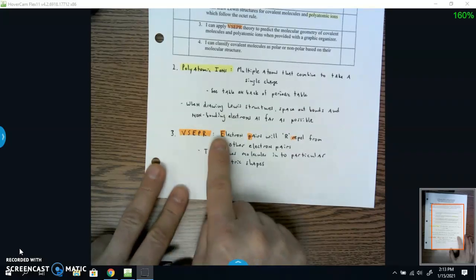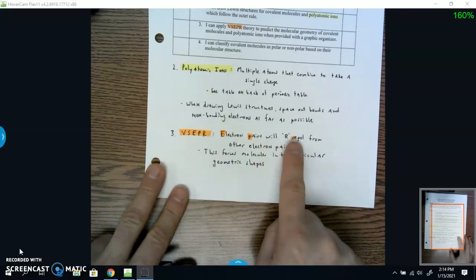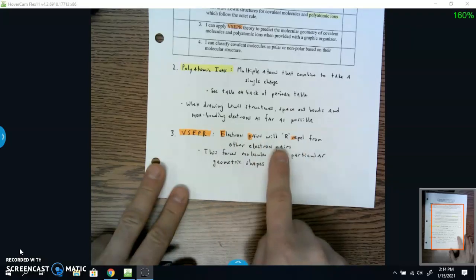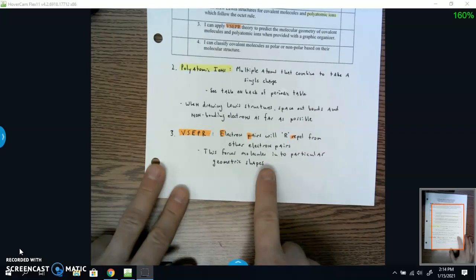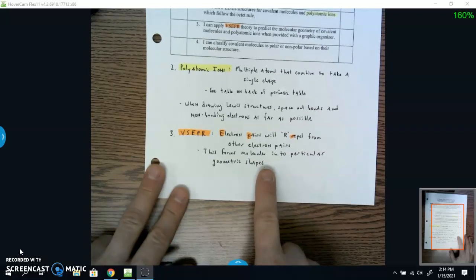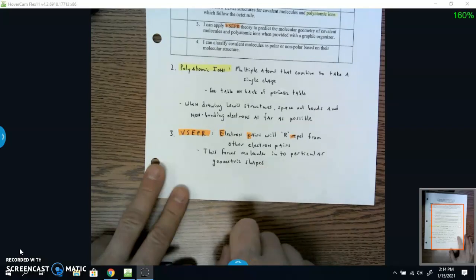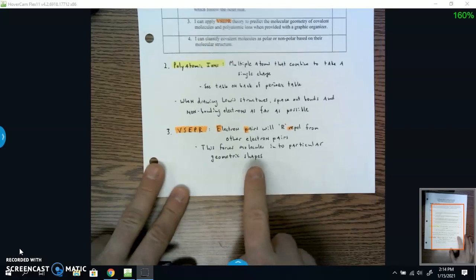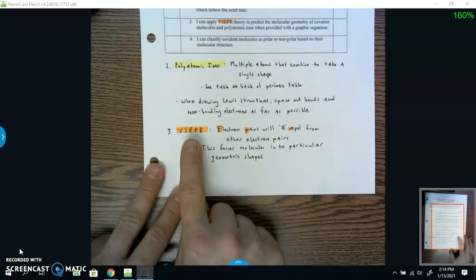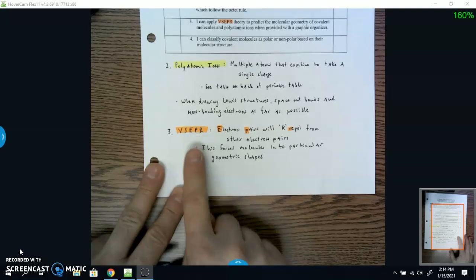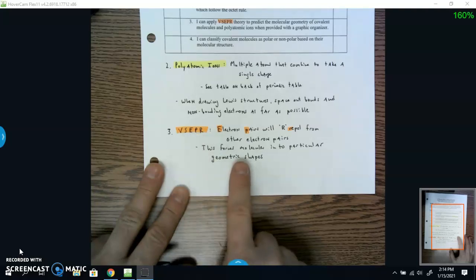And VSEPR basically says that electron pairs will repel from other electron pairs because electron pairs are negative, and so they all want to get as far apart from one another as possible, forcing these things into three-dimensional configurations. So remember, anytime that you're trying to explain why something takes a particular geometric shape, you always need to revert back to the acronym VSEPR and use it to explain why.